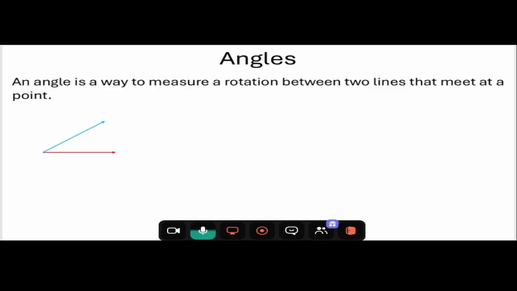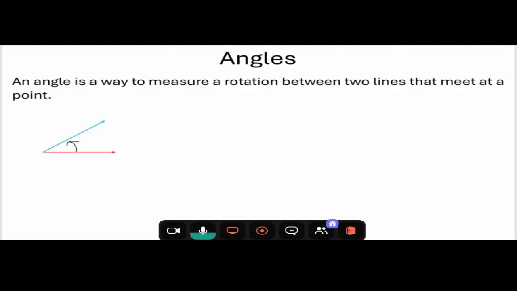So, angles. An angle is a way that we measure a rotation. If you have two lines, we imagine starting at the red line and rotating as if you're going in a big circle, but then you stop at the blue line.